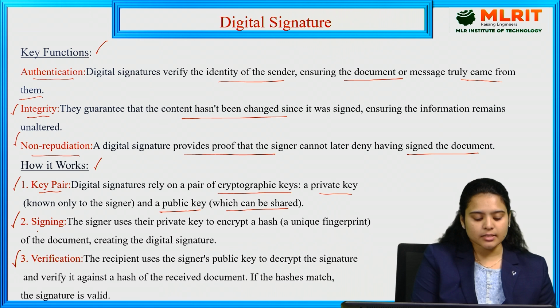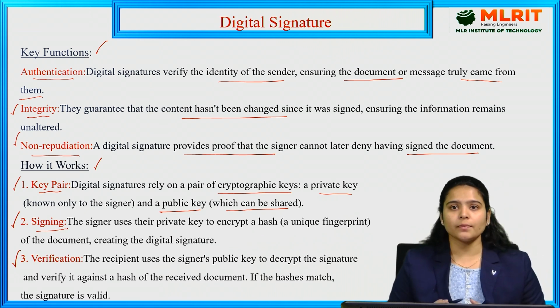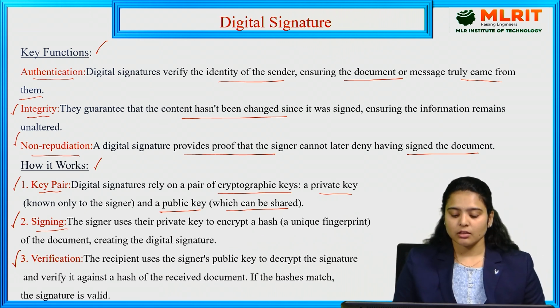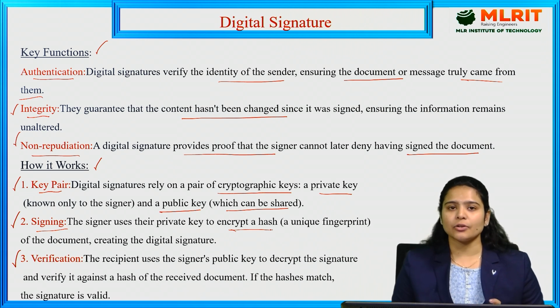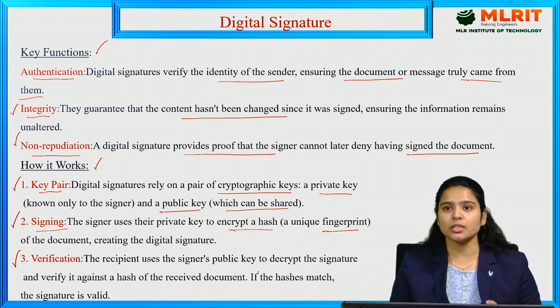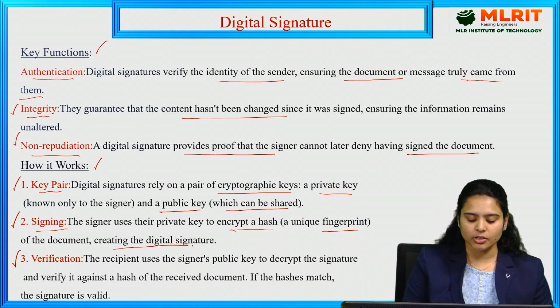The next one is the signing process. What will happen in the signing process? The private key is used to encrypt a hash, which is a unique fingerprint of the document, while creating the digital signature.